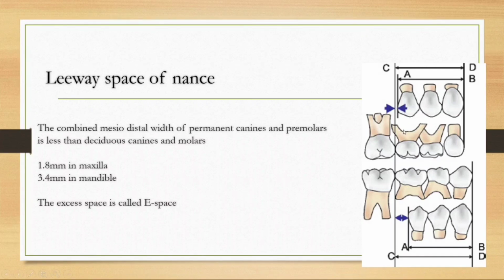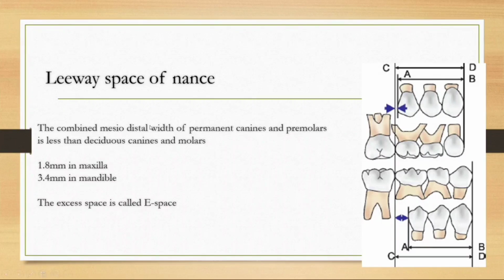So this small excess space. We need to see the difference between these 3 teeth, the deciduous canine and molars, with respect to their successors, the canine and 2 premolars. That is the difference in mesiodistal width of permanent canine and premolars with that of the deciduous canine and molars.